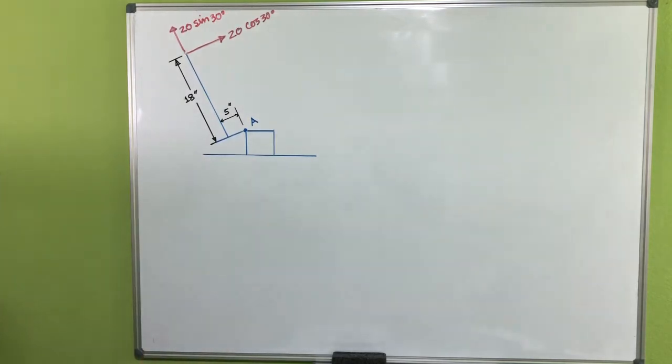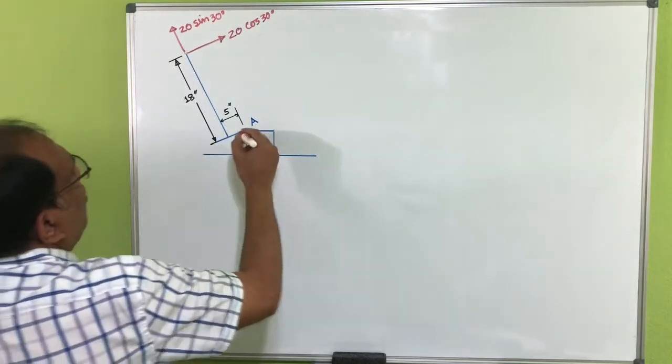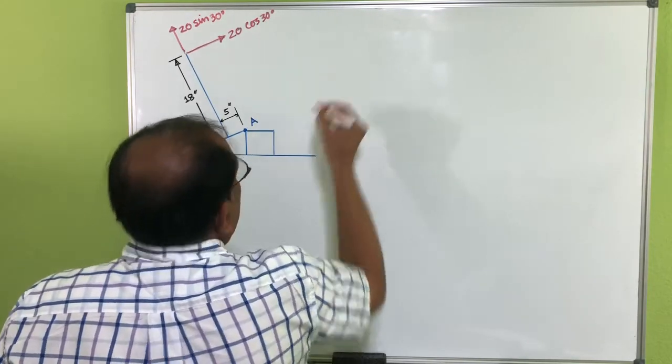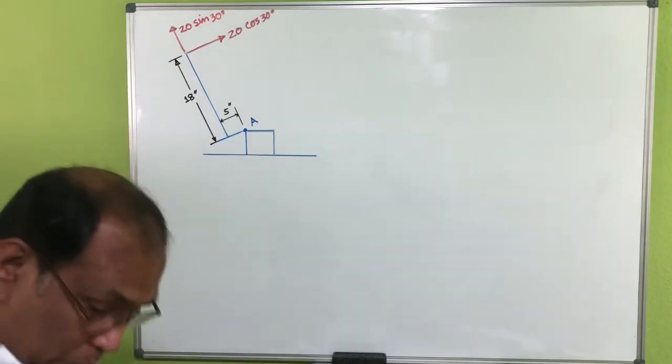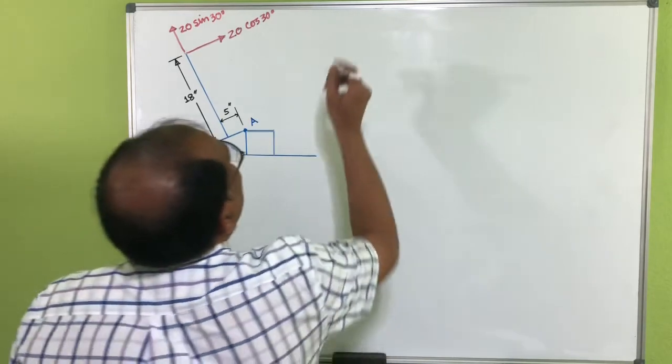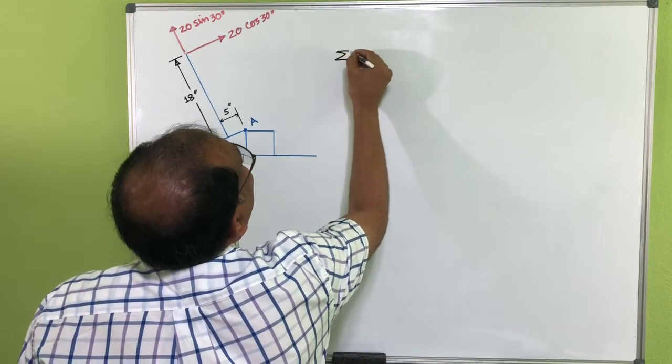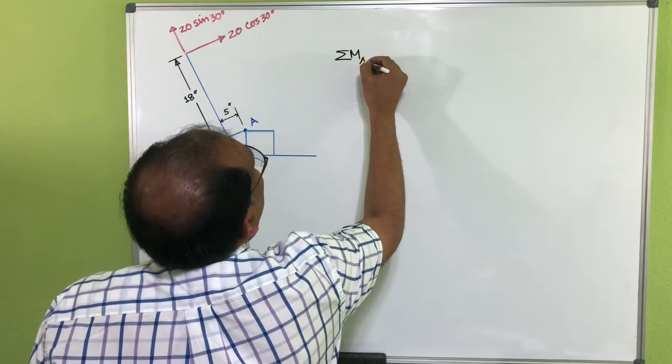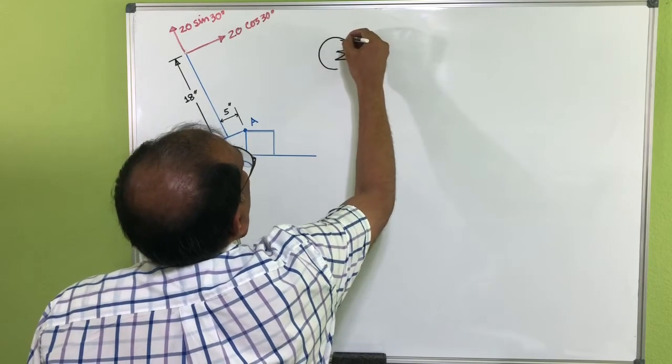Okay, so if I take a summation of moment at A, let's say clockwise is positive.